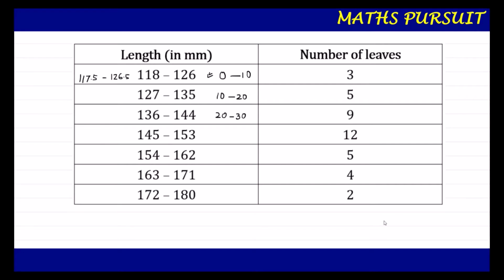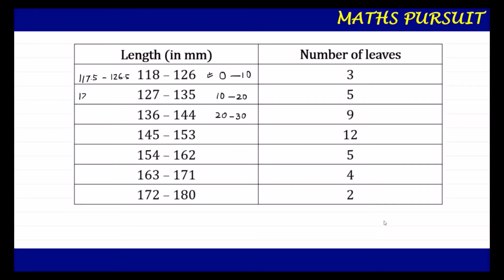Here I am subtracting 0.5 from 118 and adding 0.5 to 126, so that our data will be in a particular shape. If I subtract a number from the lower limit, I add the same number to the upper limit. So what we got is 117.5 to 126.5.